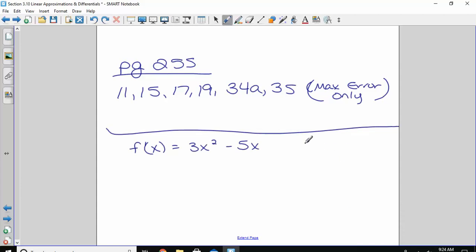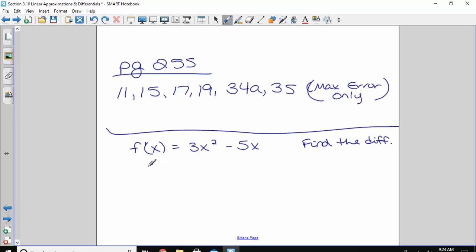If I said, find the differential. I'm not giving you any numbers here, so you're not going to get a number answer like we did. So a couple ways you could do it. Probably the easiest is just thinking about it like I wrote up here, dy equals f prime of x dx.